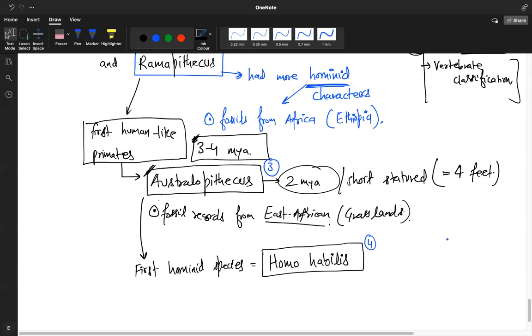If you make a cube which is 1 centimeter wide on all sides, the volume present in it is 1 cubic centimeter. Is it clear? Yes, sir. So around 700 to 800 cc was their brain capacity, cranial capacity we call it.